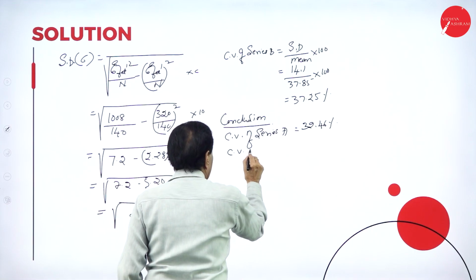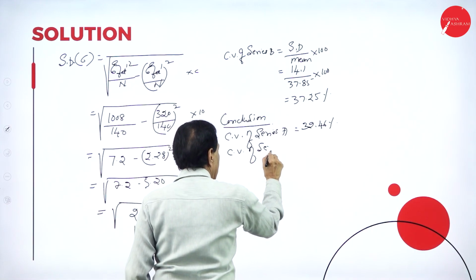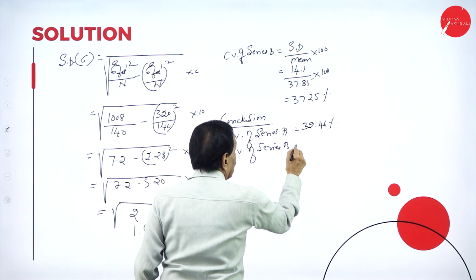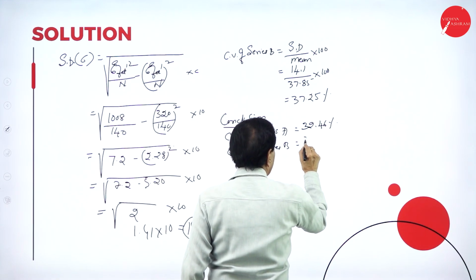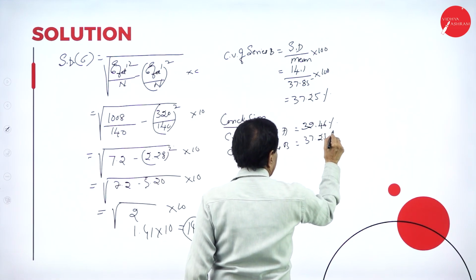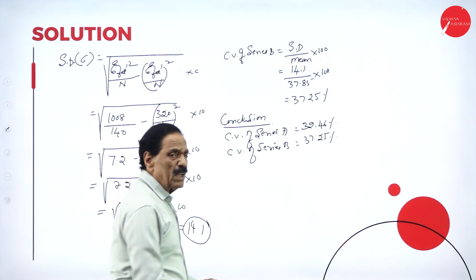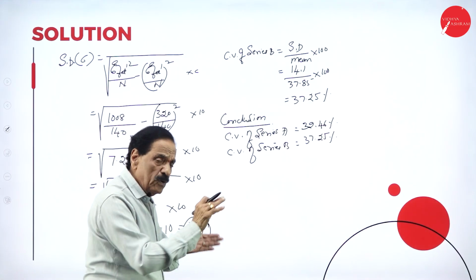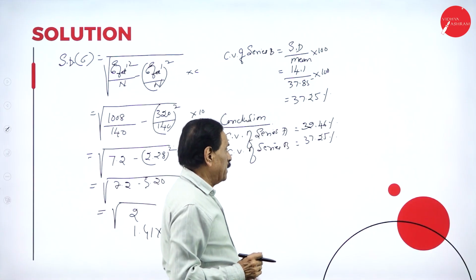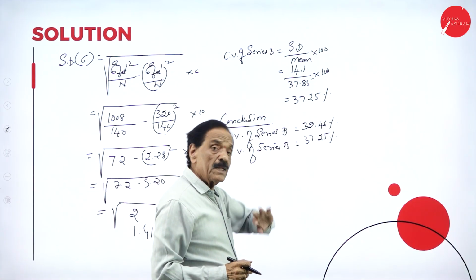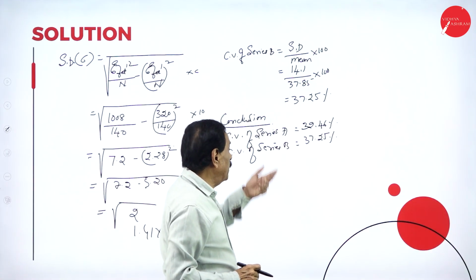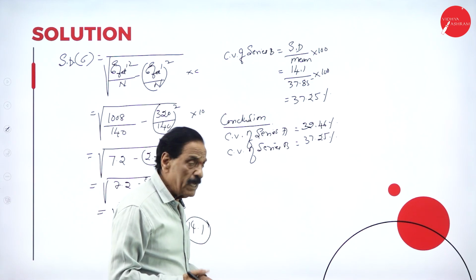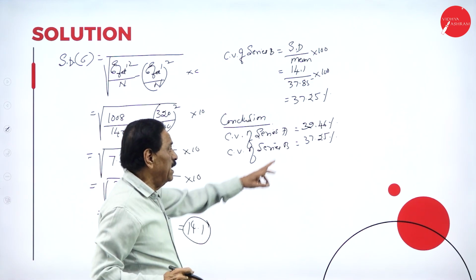CV of series B is 37.25%. So what do you mean here? It will vary from one year to another year. Series A will vary 32%, series B will vary 37%, so series B varies more.